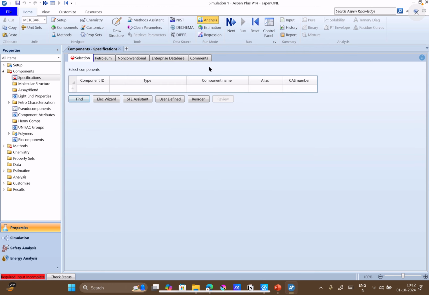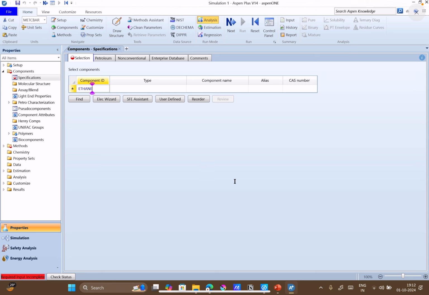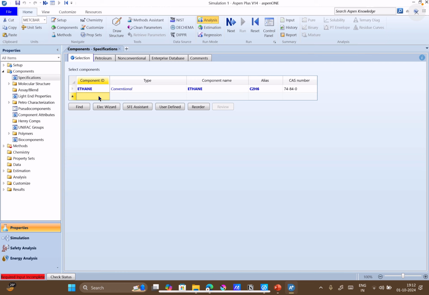So first let me add ethane. Then we have propane.